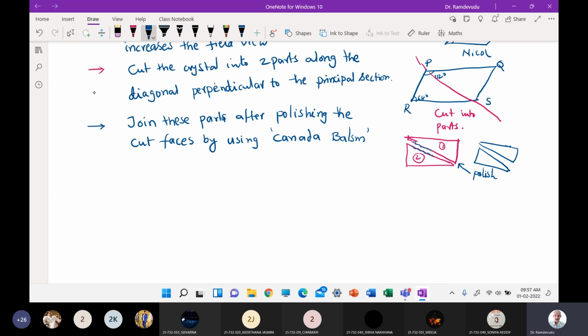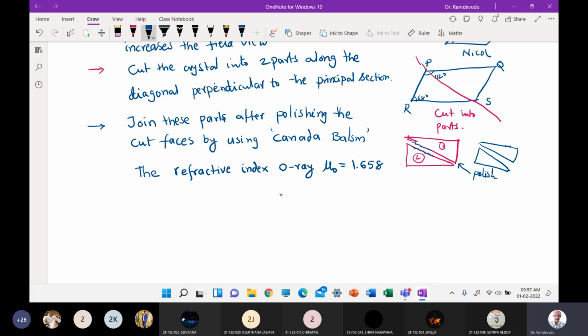So the refractive indices are important. The refractive index in the calcite crystal for the O ray, the ordinary ray, which we generally call mu 0, is generally 1.658. Similarly, Canada balsam, a gummy material, has a refractive index of 1.550.